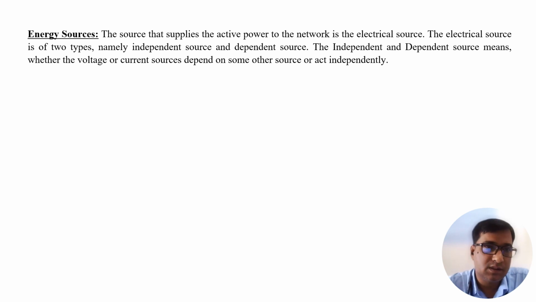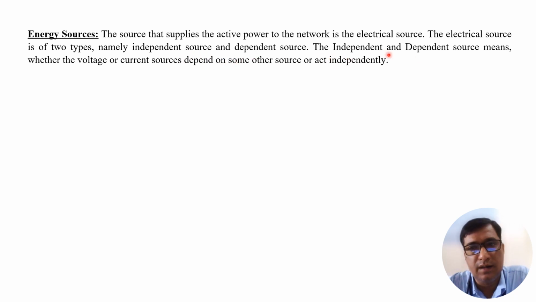The source that supplies active power to the network is the electrical source. The electrical source is basically of two types, namely independent sources and dependent sources.